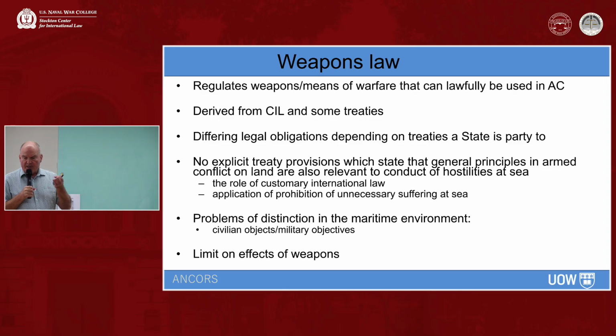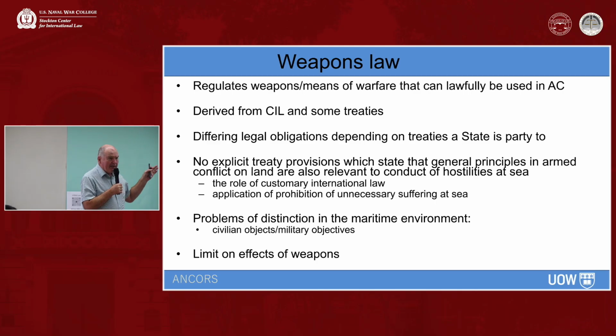A colleague of many of ours, Bill Boothby, has written a book about this, which is a very good reference publication for you. So what's the purpose of that type of law? Well, part of it is to regulate both weapons and the means of warfare that can be lawfully used during an armed conflict. Sources come from customary international law as well as some treaty law.